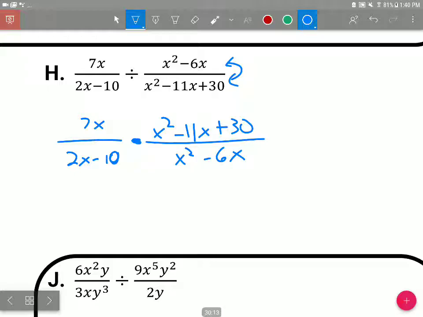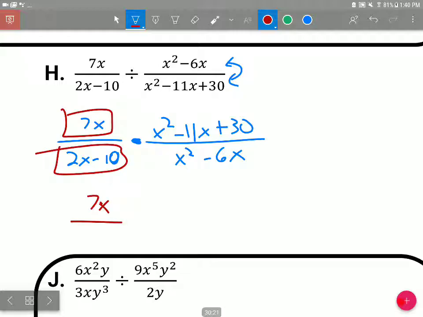Can I do anything to the 7x? Nope. It's a single term. Leave it alone. Is there anything I can do with the 2x minus 10? Well, can you divide anything out of it?